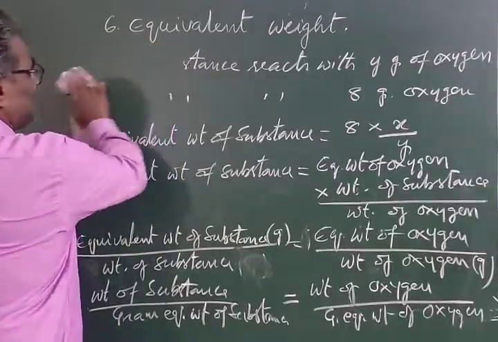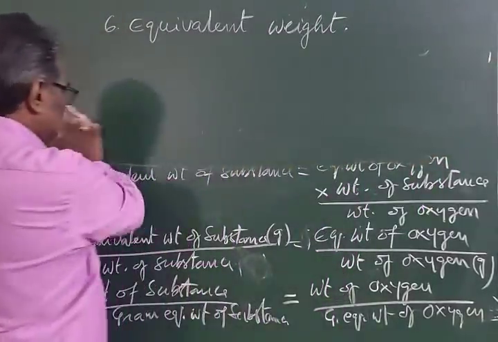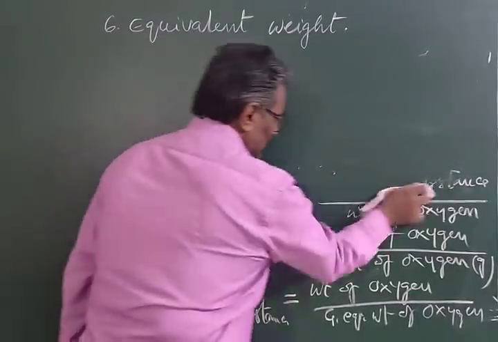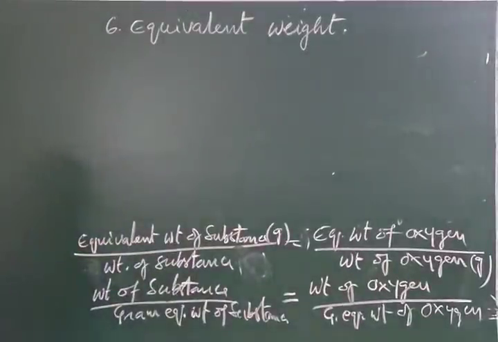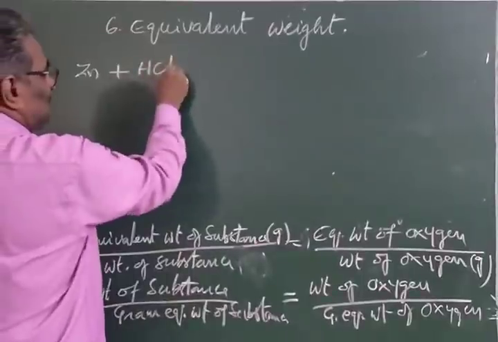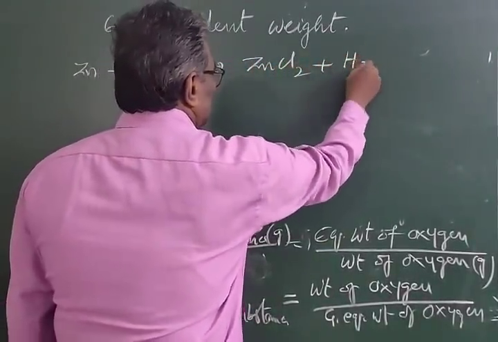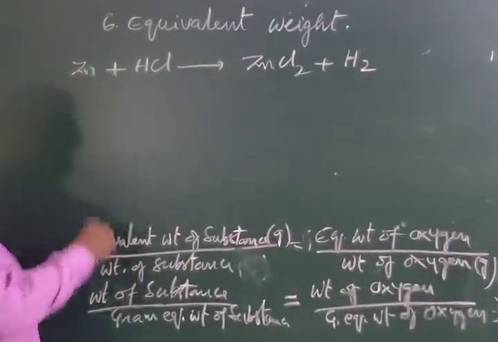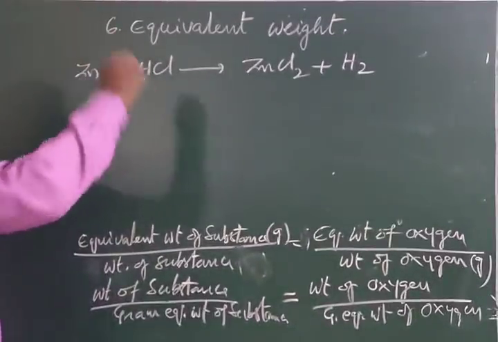Suppose in the calculation it may not be the relation between the moles. For example, Zn plus HCl gives rise to ZnCl2 plus H2. This is not the balanced equation, let us balance this.